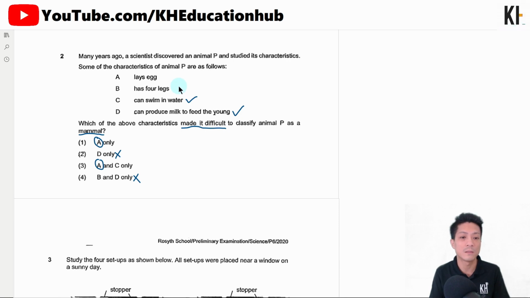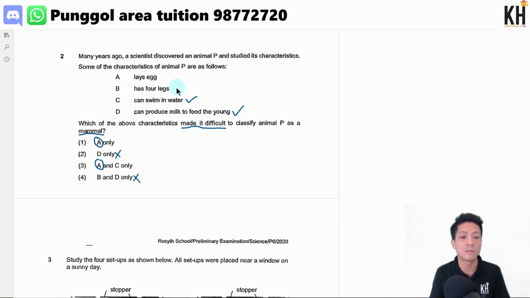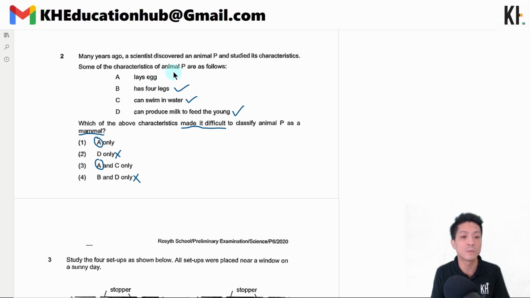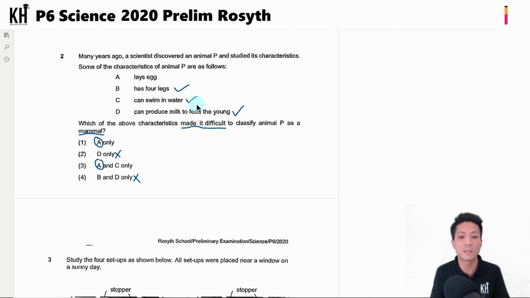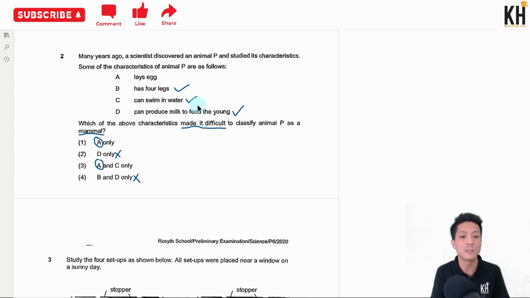Most mammals will also have 4 limbs at least, which means that the characteristic that makes it difficult would be option A. Because if we have to choose between 1 and 3, I don't think C will be the option that makes it difficult to classify animal P. So it should be number 1.